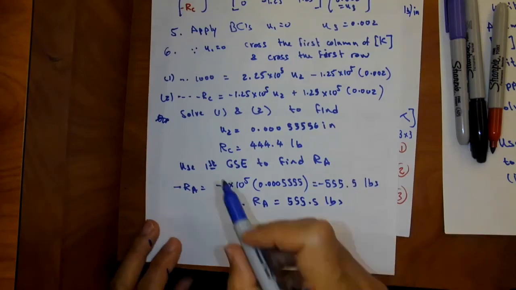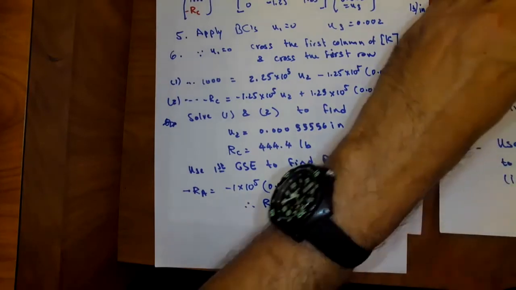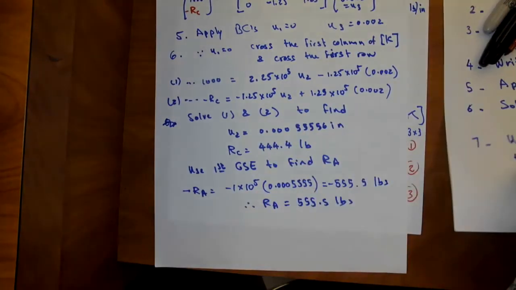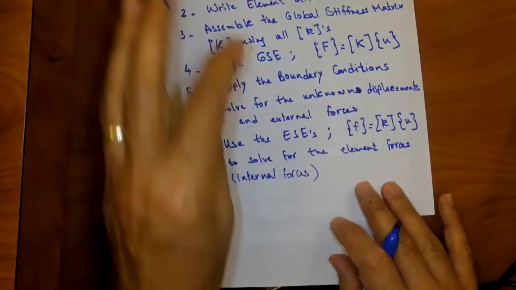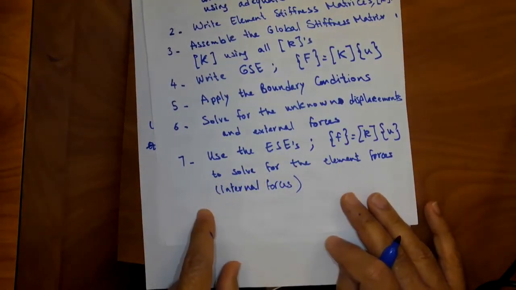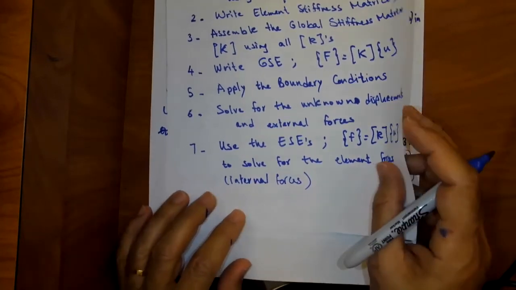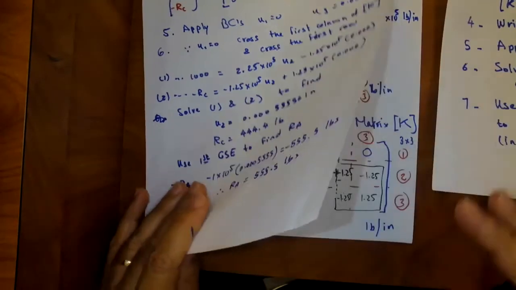And then the last step, so we are up to step number 6. Step number 7 is to use the element stiffness equations to solve for the element forces. Why do we need the element forces? Because the element forces are the internal forces, right?